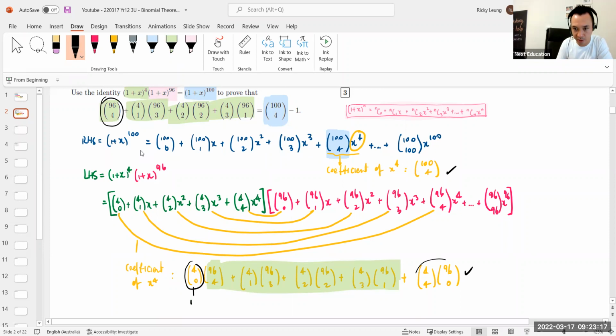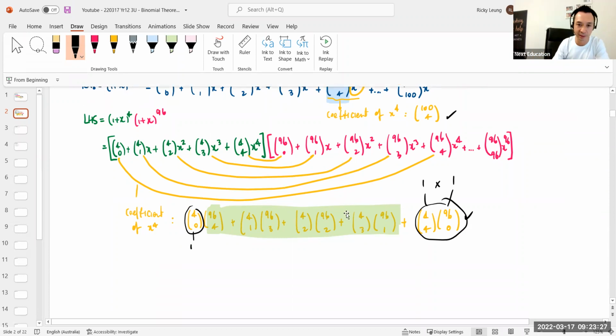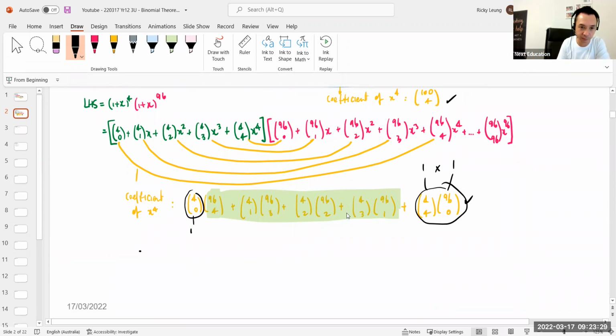And also this term here, we know that 4C4 is 1. 96C0 is 1. 1 times 1 is 1. And then they've thrown it over the fence, right? So theoretically, if you wanted to show your teacher, you go, therefore, comparing coefficients of x^4, I can say, yeah, this guy's 1.